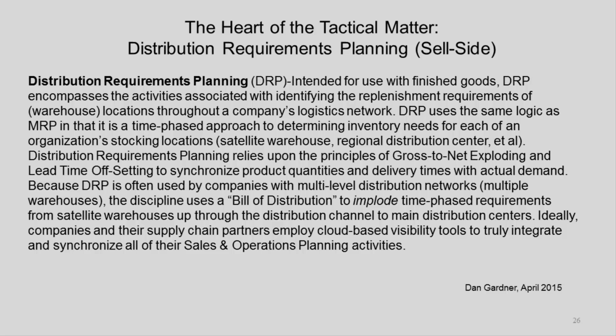So first off, we've said this already, DRP, let's call it that, is intended for use with finished goods. It encompasses activities associated with identifying the replenishment requirements of warehouse locations throughout a company's logistics network. So right out of the gate, one of the key integrating factors to ask is, how many warehouses, if any, do we have in our logistics network?